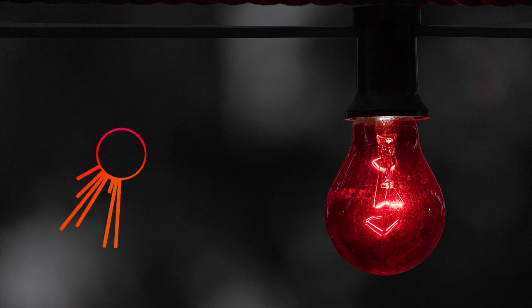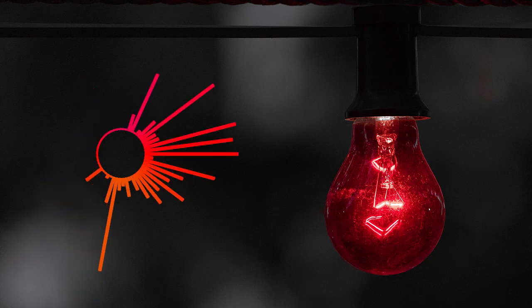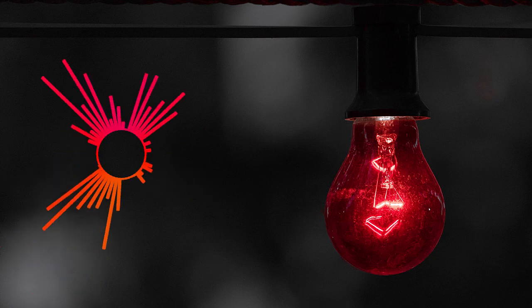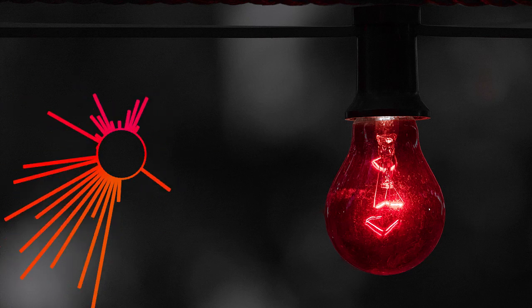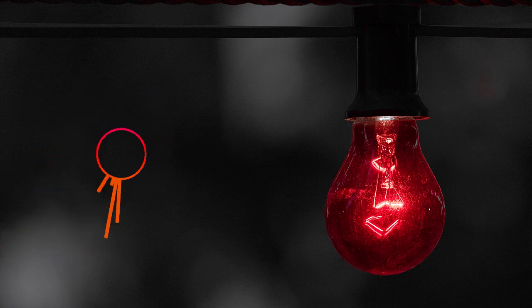Let's begin with the most basic question. What is electricity? Electricity is a form of energy. It is created by the movement of very small particles called electrons. You can think of electrons like tiny invisible runners.